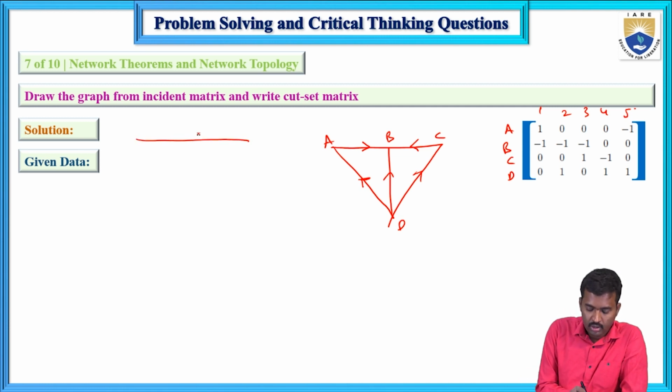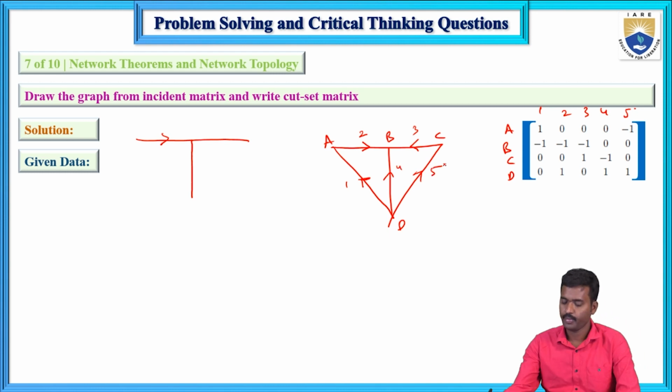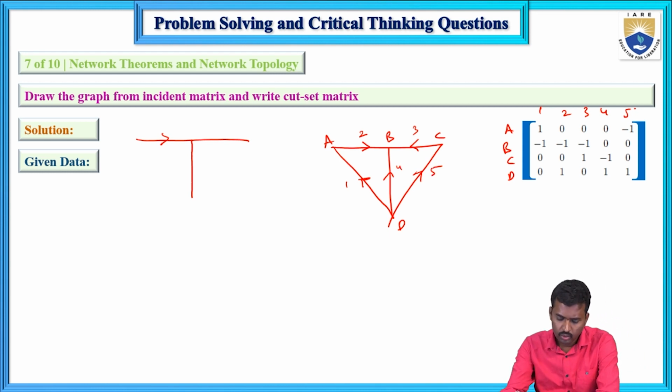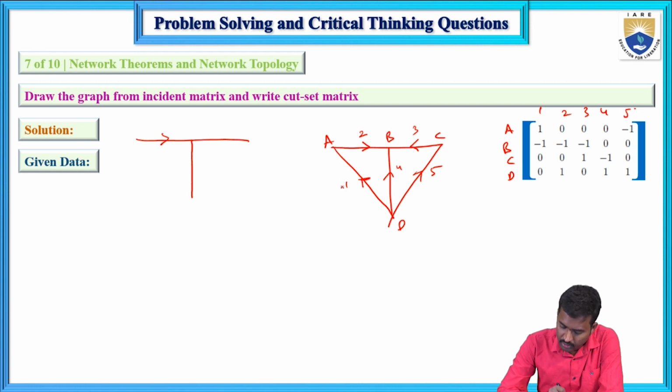For the formation of the cut set matrix, select any one tree. This is 1, 2, 3, 4, 5. This one is B to D, this is 2.